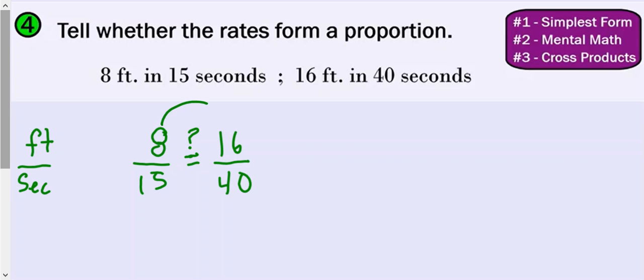What do we need to multiply 8 by to get to 16? That would be times 2. So 15 times 2 would be 30. But 30 does not equal 40, so this would not form a proportion. Make sure you have this example written down before you continue.